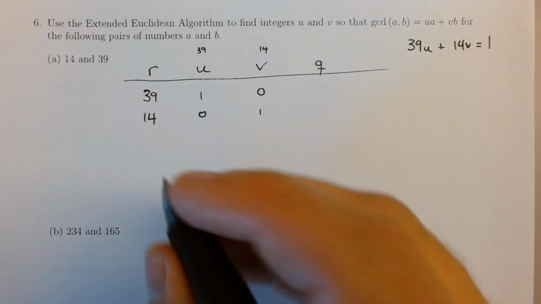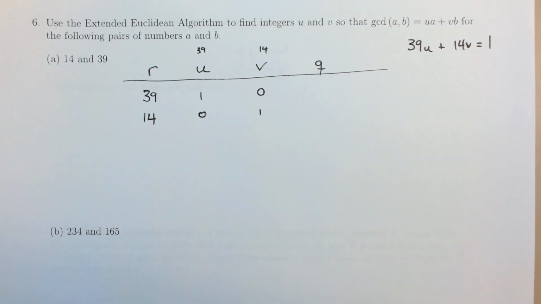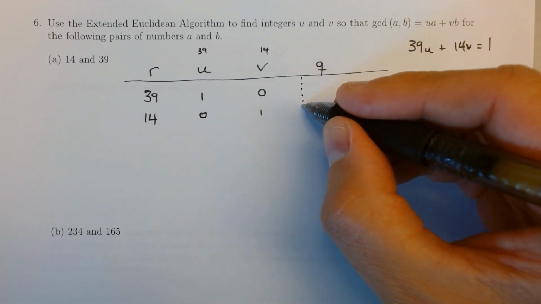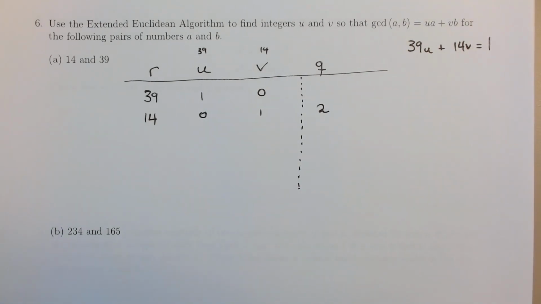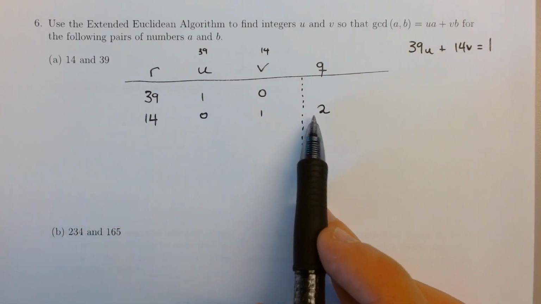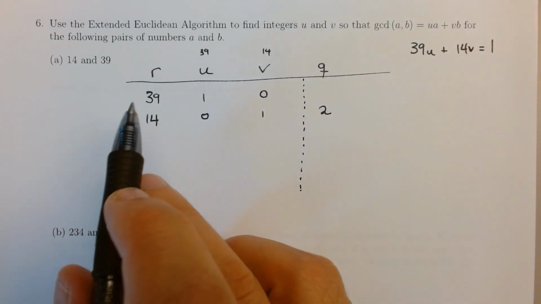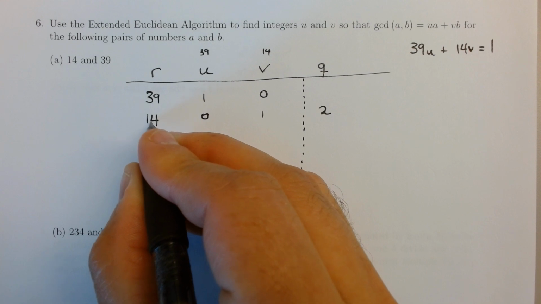Now you start dividing. You say, well, how many times does 14 go into 39? Well, it goes in twice. We'll put a little dotted line here because these quotients don't really affect things at the very end. And so what you do now is whatever you got as a quotient here, you'll multiply by this row and subtract this from this row. So 2 times 14 is 28.